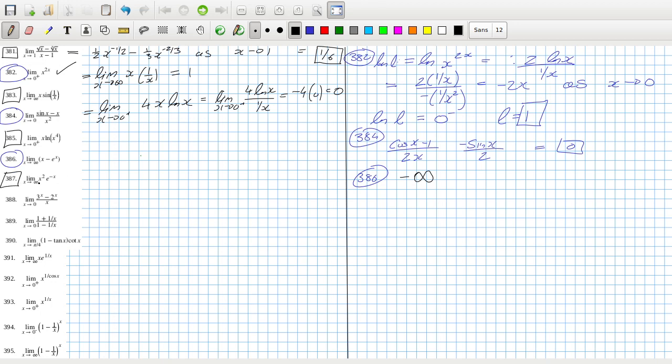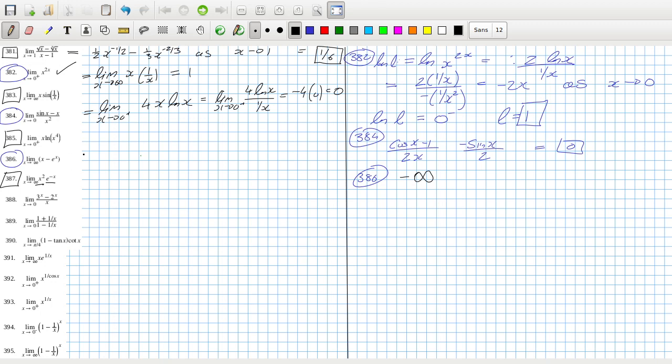Okay, 387. This will go to 0 much faster than this could ever go to infinity, even with the square.